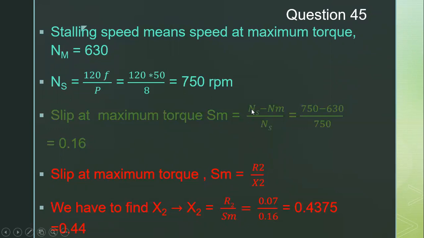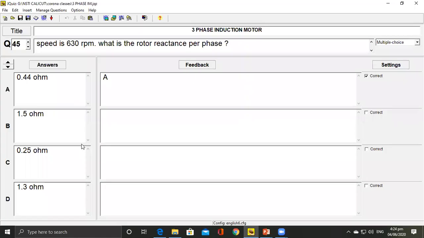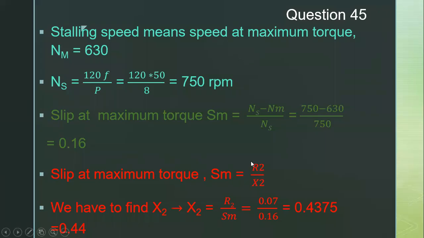That is the equation: Sm = (Ns minus Nm) divided by Ns. Ns is 750, minus the speed at maximum torque, 630, divided by 750. Then you will get 0.16. Rotor resistance is given, and you have to find the rotor reactance.